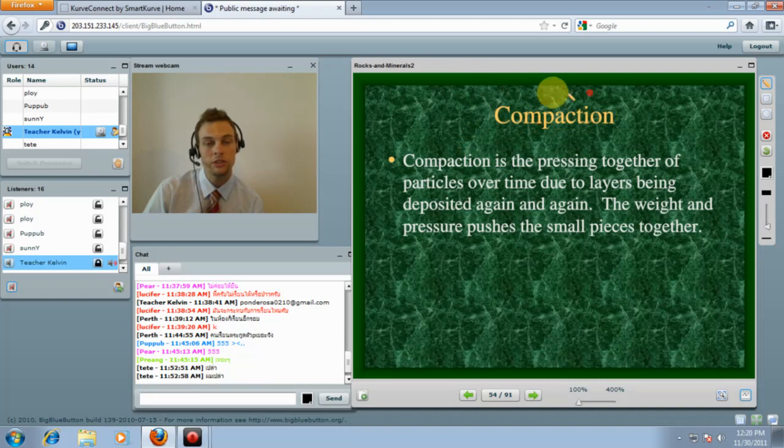So compaction and cementation are kind of fighting with weathering and erosion all the time. This is just kind of the opposite process of weathering. This is rocks being formed instead of rocks being broken down. And it's important to know that both of these things are happening all the time.